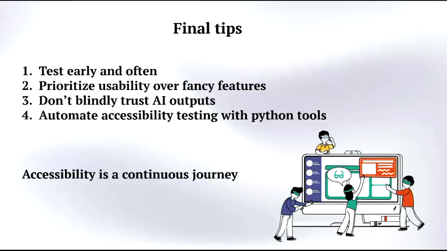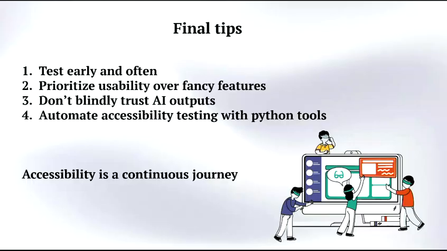Then prioritize usability over fancy features. It's good to have fancy features; it might be conveying your brand image, but if usability is compromised, you are actually compromising the user experience. So, fancy is okay, but keep usability in mind too.